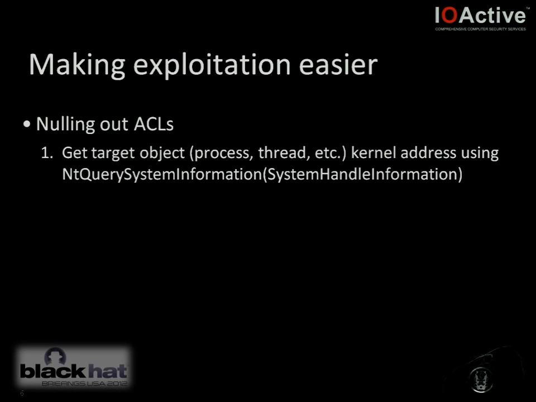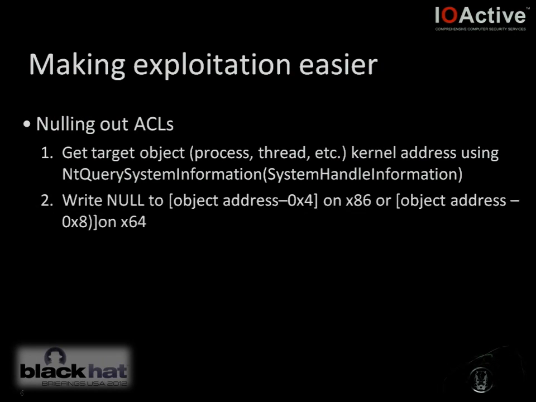So let's see this trick in 3 steps. First, we have to get the target object we want to set the ACL to null. It could be a thread if we want to modify the thread, or it can just be a process. So we get the kernel object address using NtQuerySystemInformation. Then we subtract 4 or 8, depending on the architecture, and write null there with our exploit.